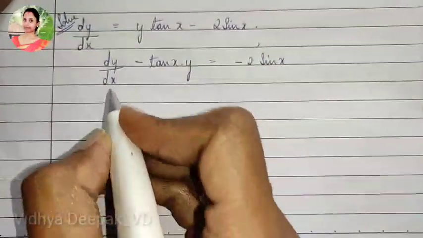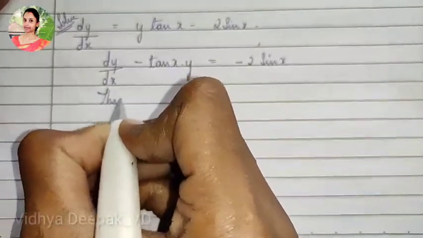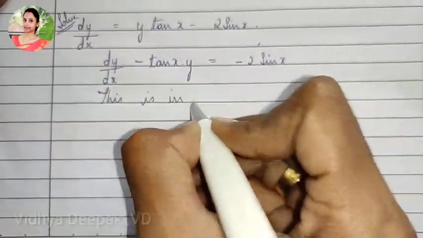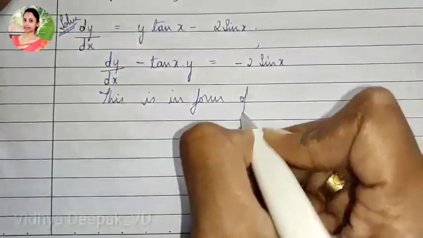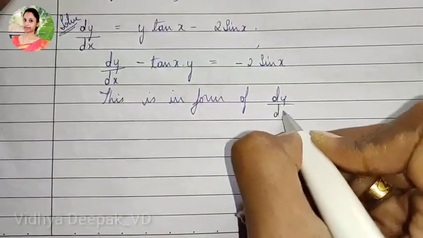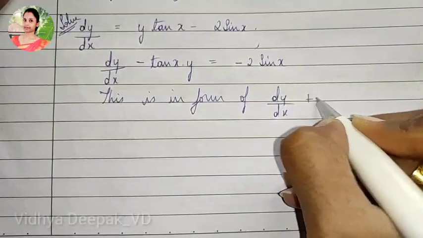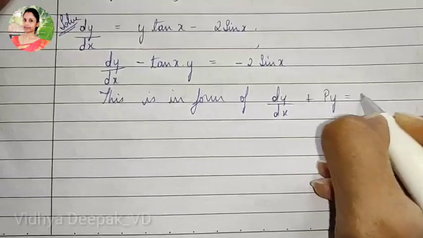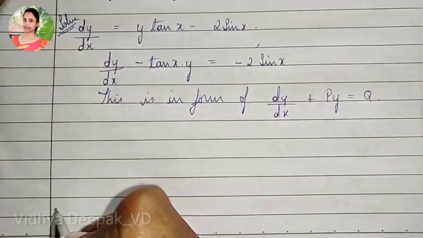Now this is in the form dy by dx plus py is equal to q, right?